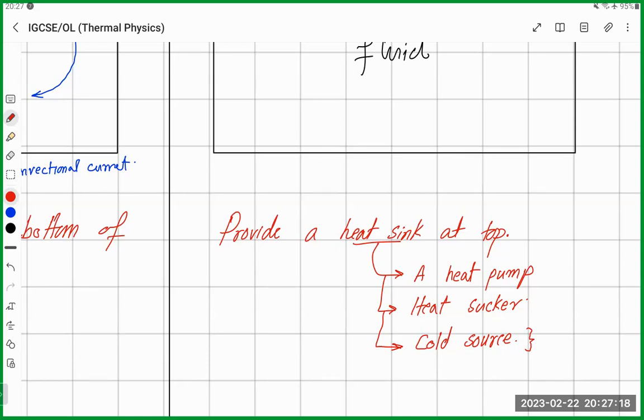Why? Is there a ritual over there, or is it pure science? Why do we have ACs near the ceiling? Answer is AC is actually not providing something in the room, it is actually sucking something out.